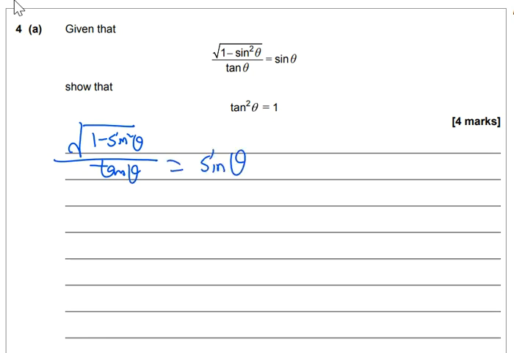So I think what we can do is move this tangent theta to the right hand side of the equal sign. Sine of theta times tangent of theta, and we want to apply this square on both the left hand side and the right hand side.